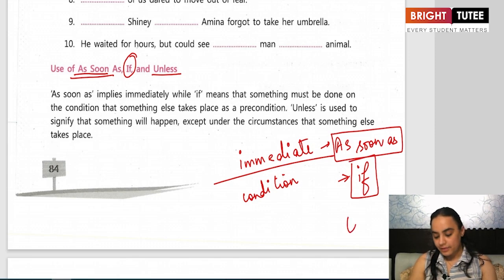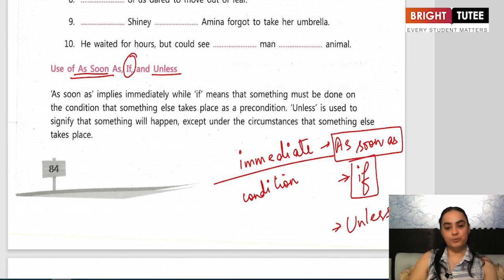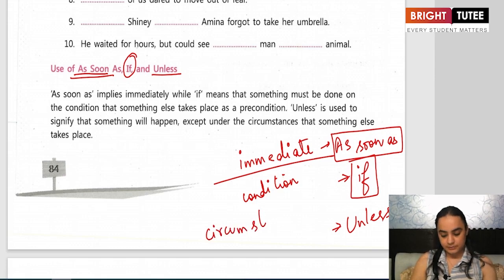Alright. And then we have unless. Now, when do we use unless? Unless is used when there are two things that you have to do, and you have to specify the circumstance under which you will do the other thing. So here you are mentioning some circumstance.